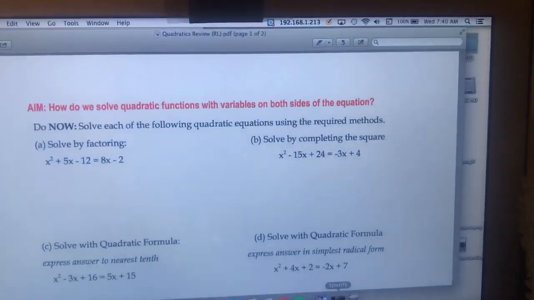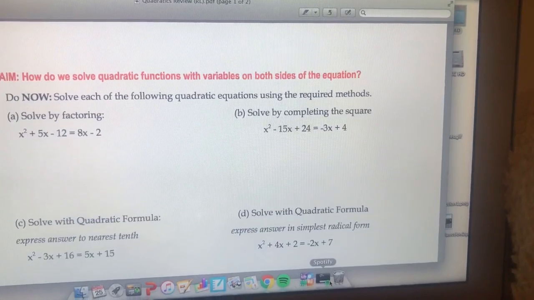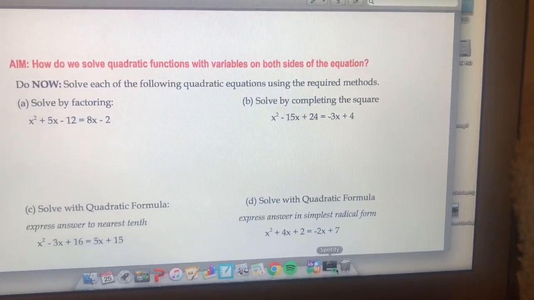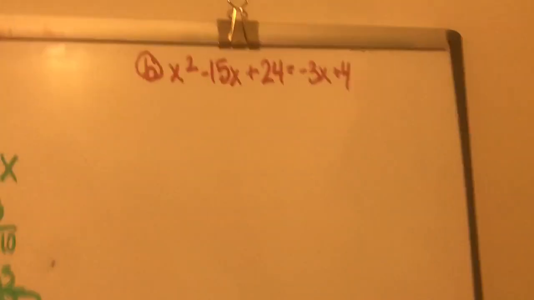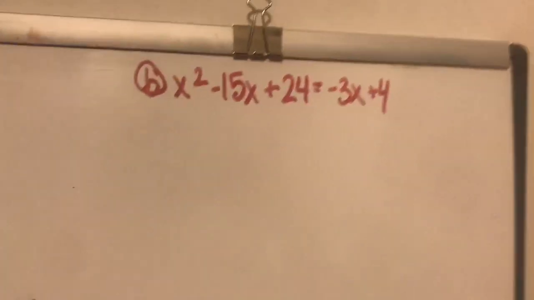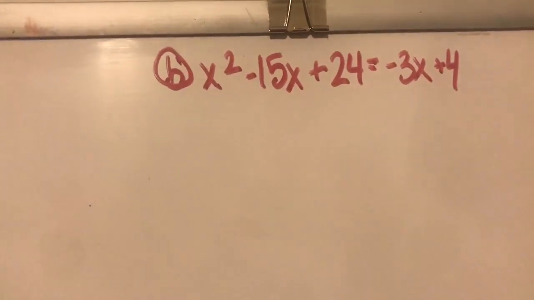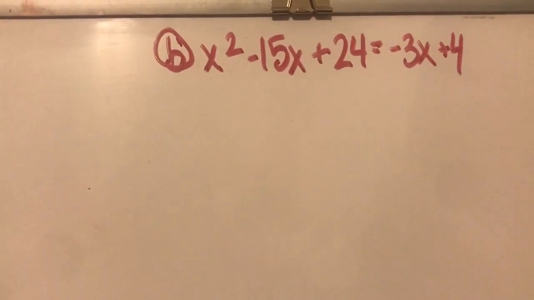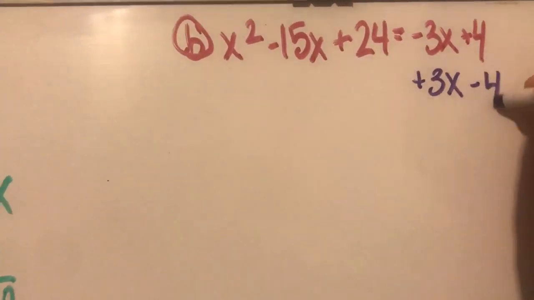So B, again, I'm giving you a quadratic, and I'm asking you to solve by completing the square. Completing the square you guys had yesterday on your worksheet. So I have it copied over here. And same process, I'm thinking in my head, I don't have everything equal to 0. So I need to perform those inverse operations and bring everything to one side.